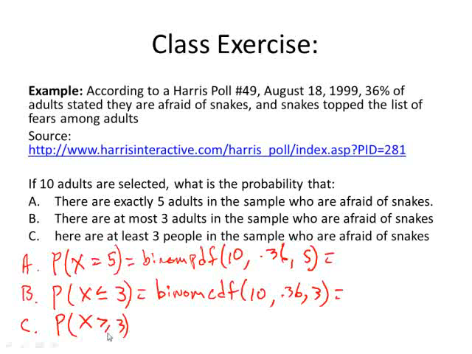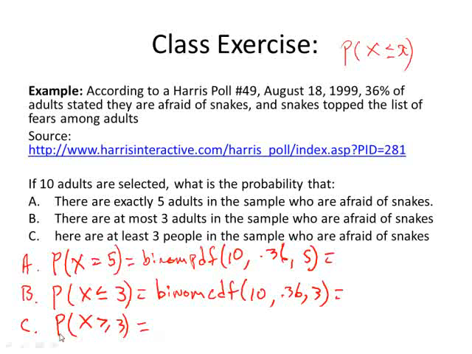Now is this in the correct form for you to do your button pushing? No. So how do I get this into the form X is less than or equal to little x?